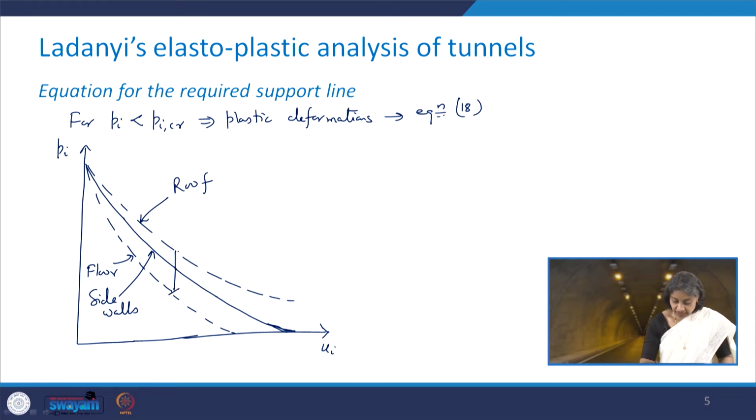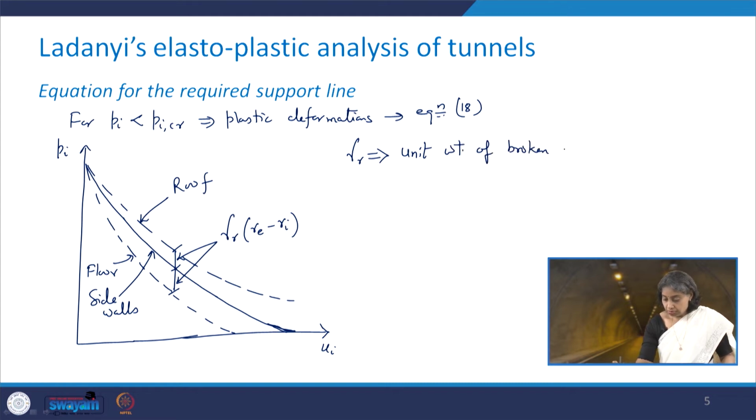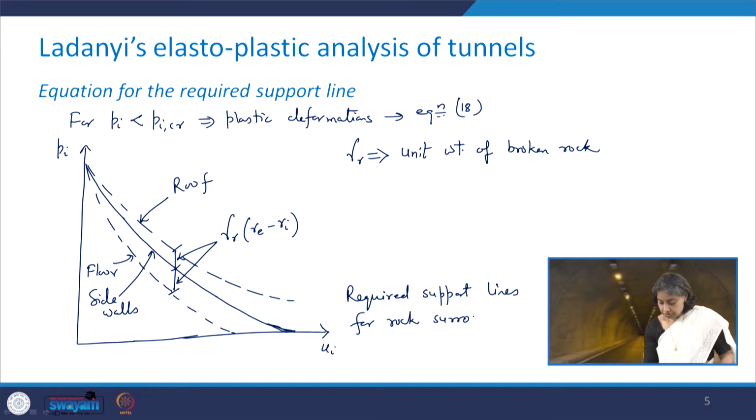These two distances are each gamma r into (Re minus Ri), where gamma r is the unit weight of the broken rock. So this is what the required support lines for the rock surrounding the tunnel look like.